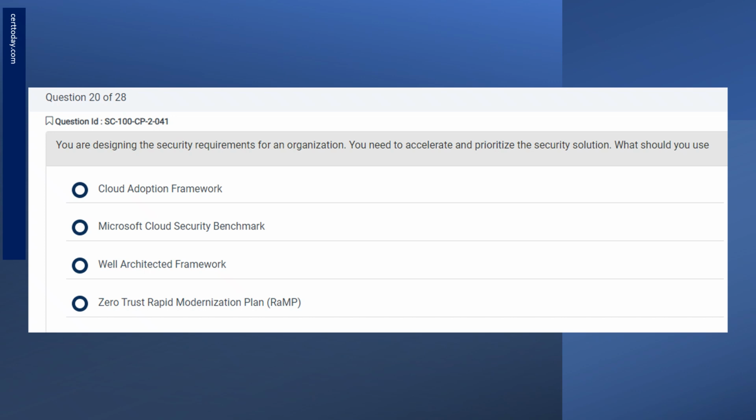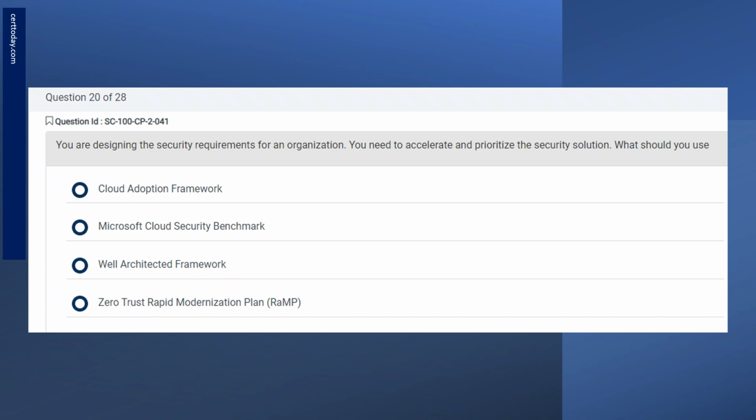Question 20. You are designing the security requirements for an organization. You need to accelerate and prioritize the security solution. What should you use? A. Cloud Adoption Framework. B. Microsoft Cloud Security Benchmark. C. Well-Architected Framework.